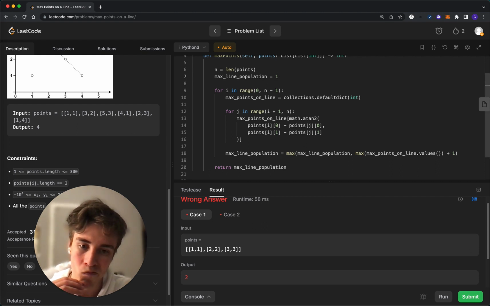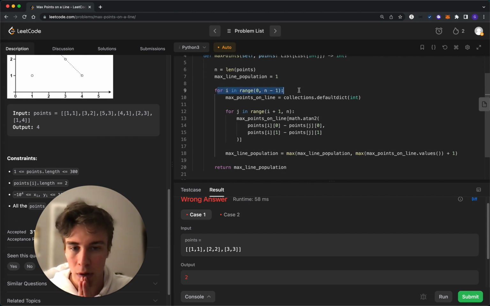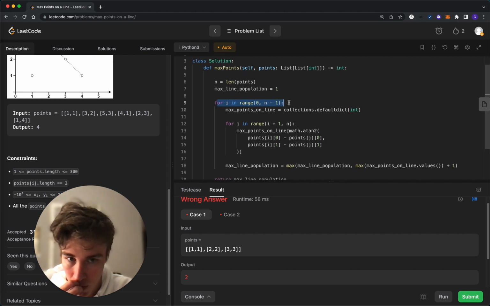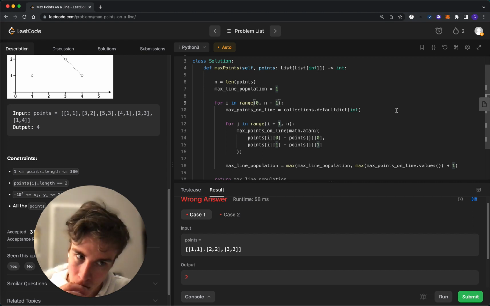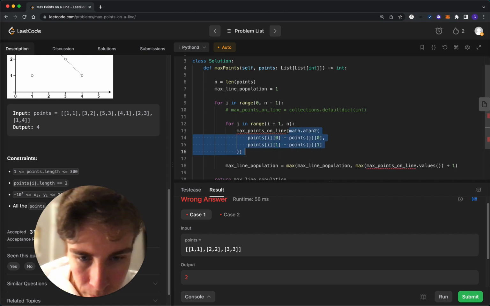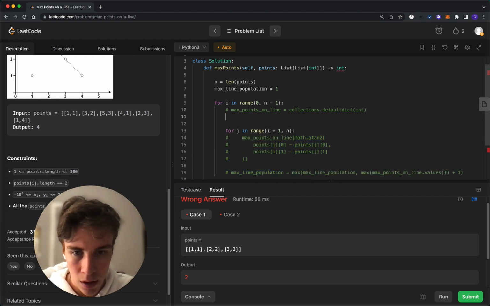So, let's check this one more time. The range for the truth point is going to be from 0 to 2. So it's going to go through 1, 0 and 1, 0 and 1. I know this is kind of embarrassing, but I like printing out.